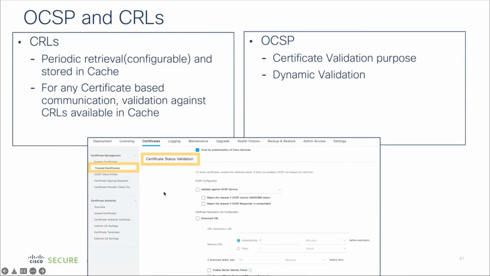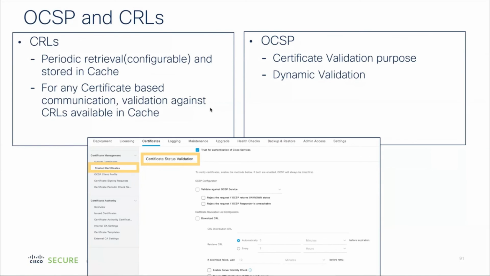So when the certificate is in communication, it's validated against the CRL cache. In case of OCSP, ISE dynamically asks the CA service whether the certificate is in good shape or not.